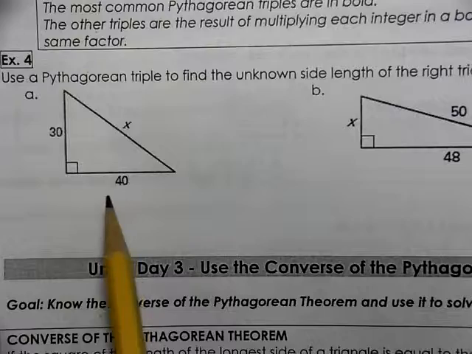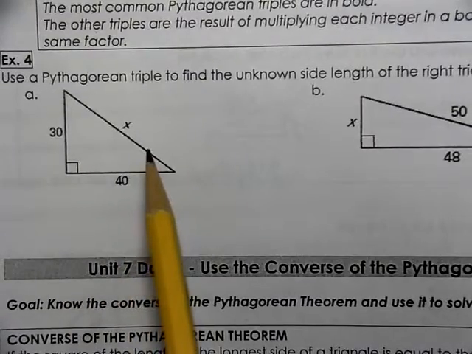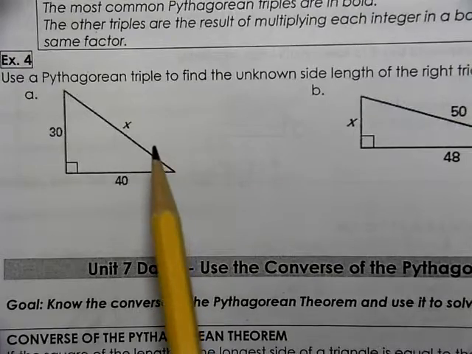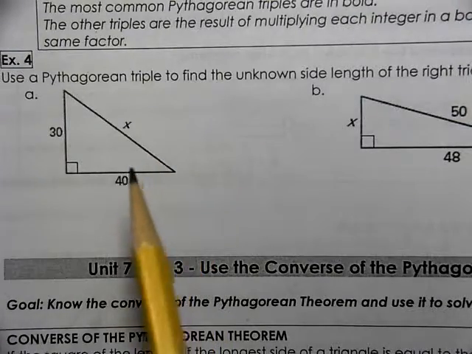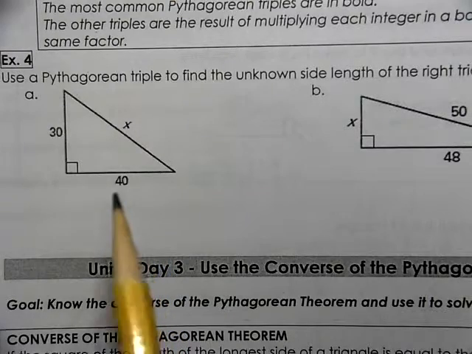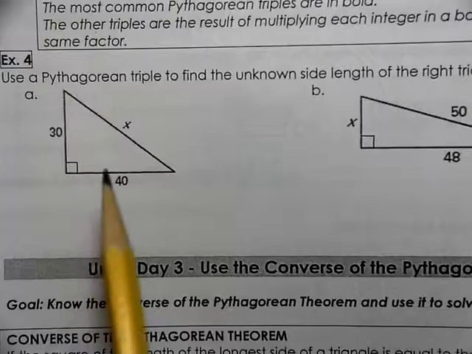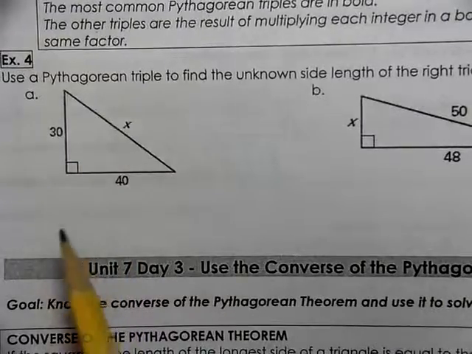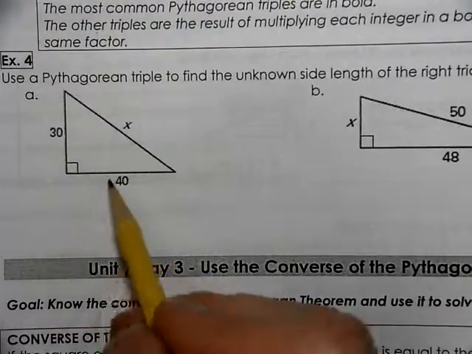And it can be calculated using the Pythagorean Theorem, and it might be calculable if we use a Pythagorean triple. It might work. It's not that all triangles make Pythagorean triples. We've had several that don't give us those whole numbers. So let's see what happens here.